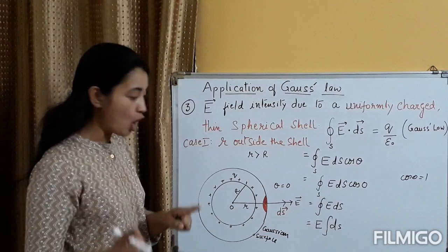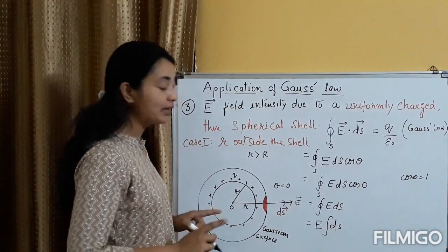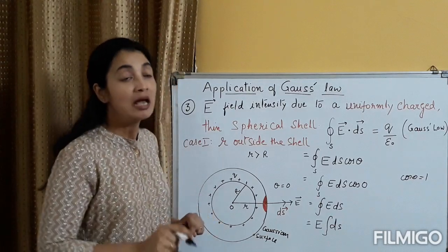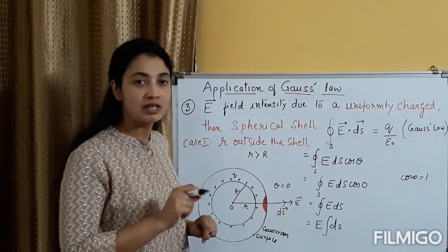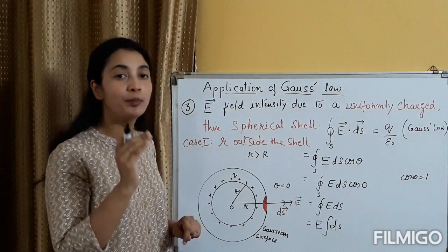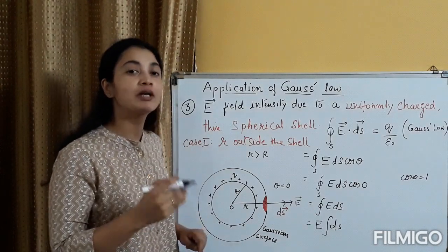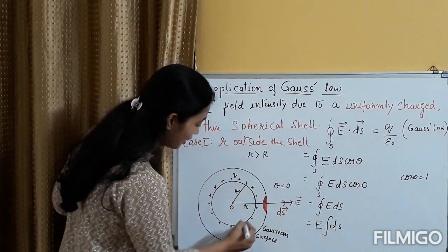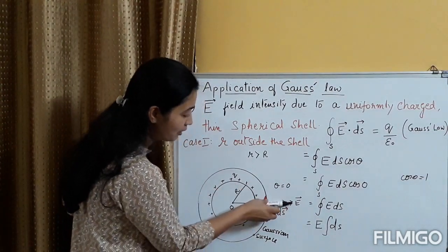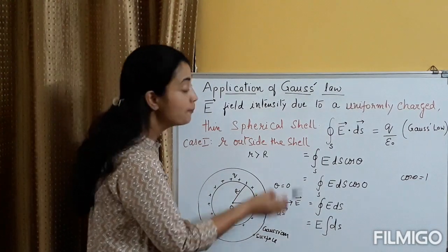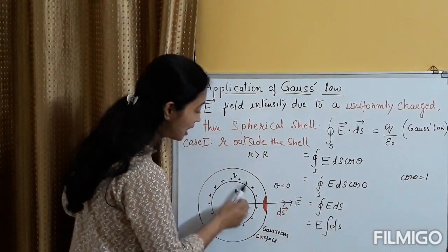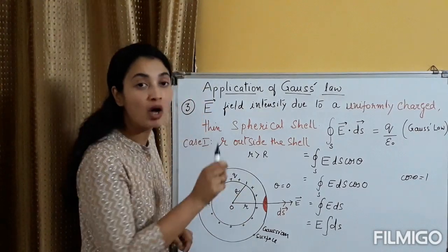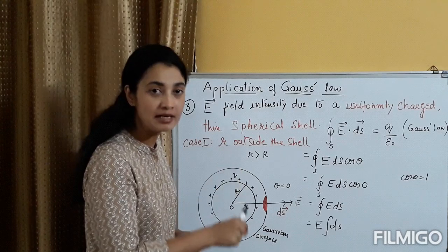Why? Because I have told you time and again in all the previous episodes, the choice of Gaussian surface lies in the important criteria that we prefer to have electric field constant. And we know that if this is the charged spherical shell, the electric field direction is radially outwards, because this charged spherical shell behaves as if entire charge is concentrated at the center.